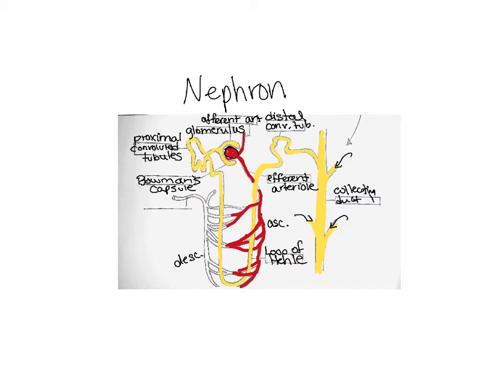And then eventually we swap back and start going up the other side of the loop of Henle with our little venule here. And this venule over here is going to lead to the renal vein.